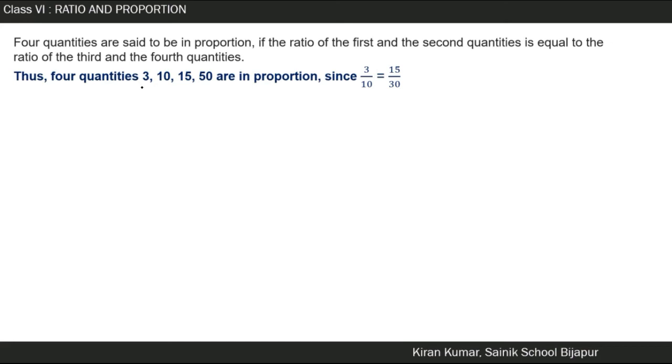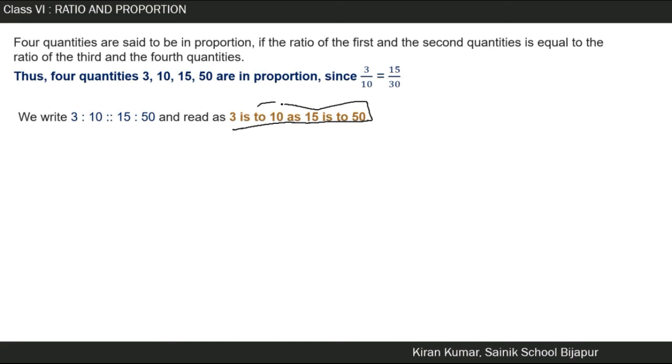The four quantities 3, 10, 15 and 50 are in proportion because 3 upon 10 is the same as 15 upon 50. We say that 3:10 as 15:50.